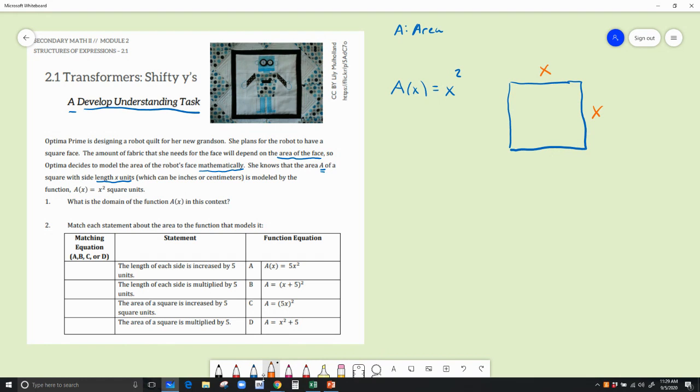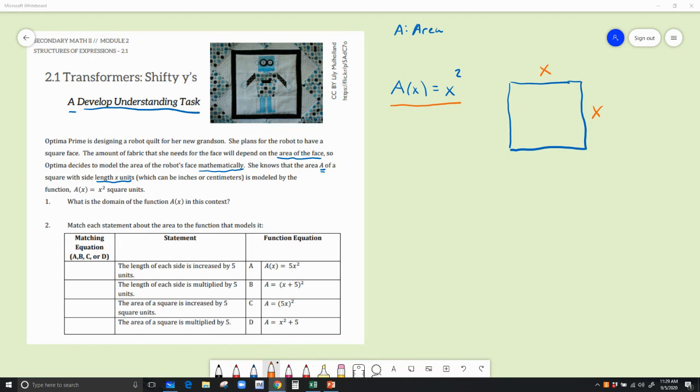X's. We know squares have all the same side lengths, and those side lengths are x's. If you get the area of that, it's x times x, right? Length times width or base times height. X times x is x squared. So that's how we get this equation here.